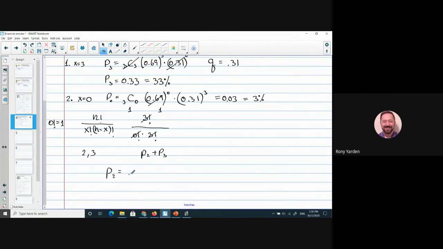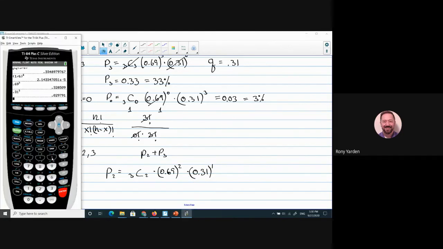P2 equals 3C2 times 0.69 to the power of x, and x now is 2, times 0.31 to the power of n minus x, 3 minus 2, which is 1.